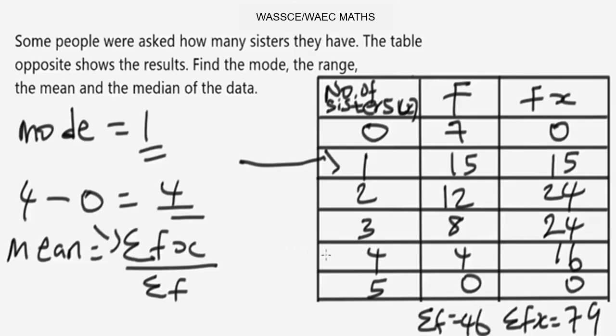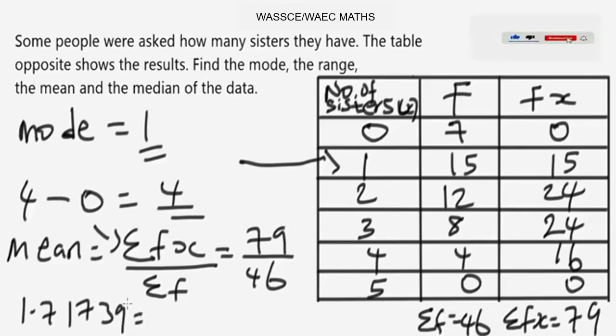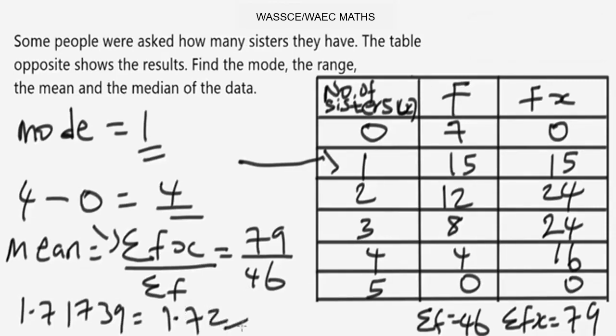Now when you plug in these values for the mean, which is the average, you're going to have 79 divided by 46. When you punch it in the calculator, you're going to have 1.7173. Since it keeps going in decimals, to leave it in 3 significant figures, it's going to give us 1.72. That will be the answer for the mean.